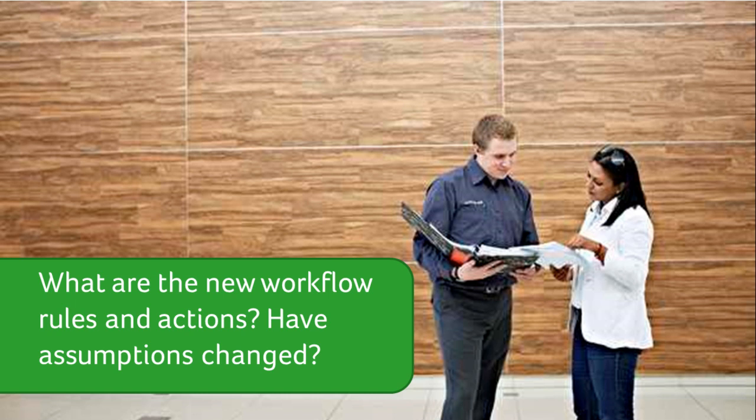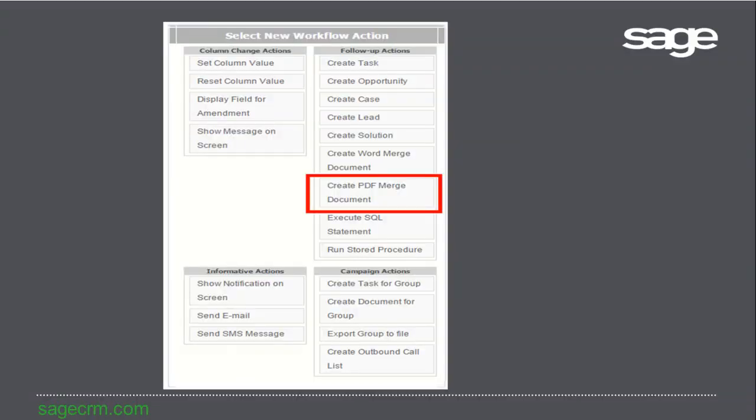And one of the things that has changed that any developer can use is that inside the workflow actions that can be chosen when designing a workflow, there's a new follow-up action available, and this is the allow mail merge to PDF.